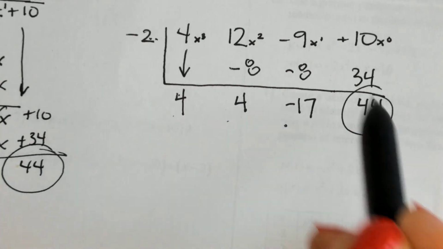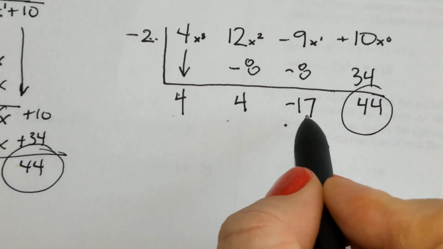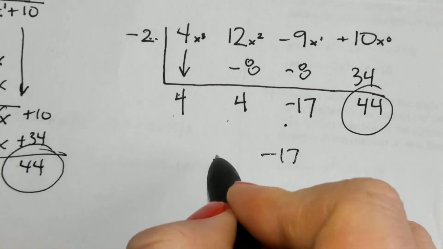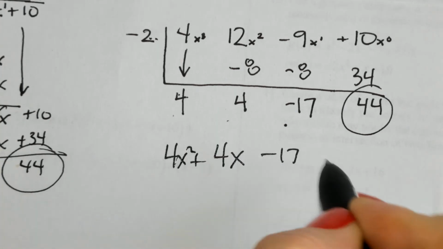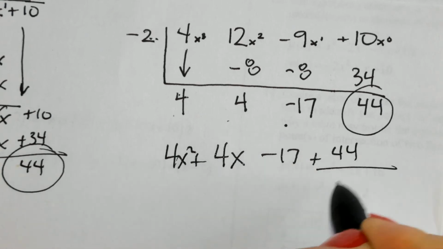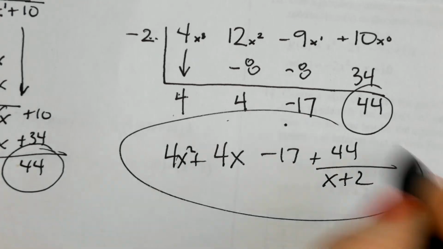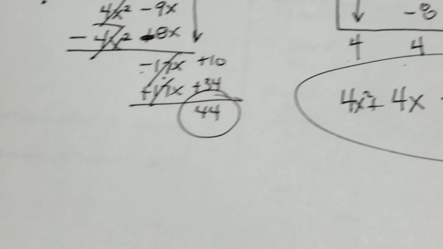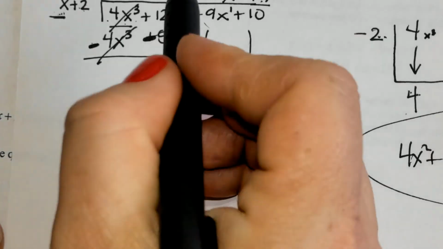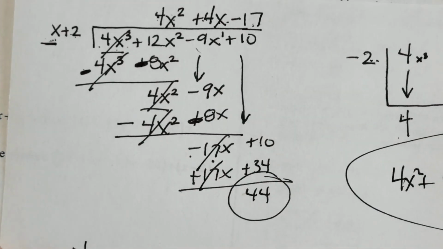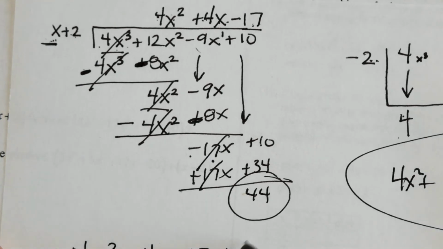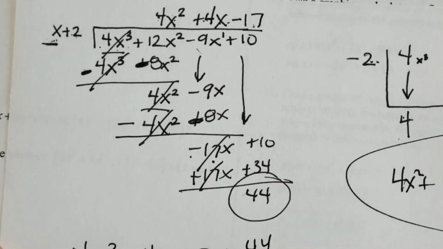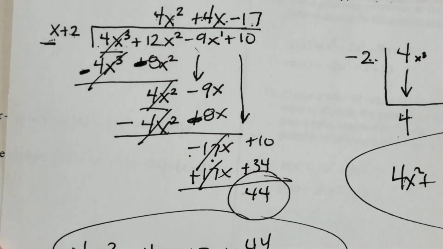So I could write this as, remember, this has no x, this has 1x, this has 2x, and here is my remainder. Or same way over here, here's my answer at the very top, and a remainder of 44 over x plus 2.